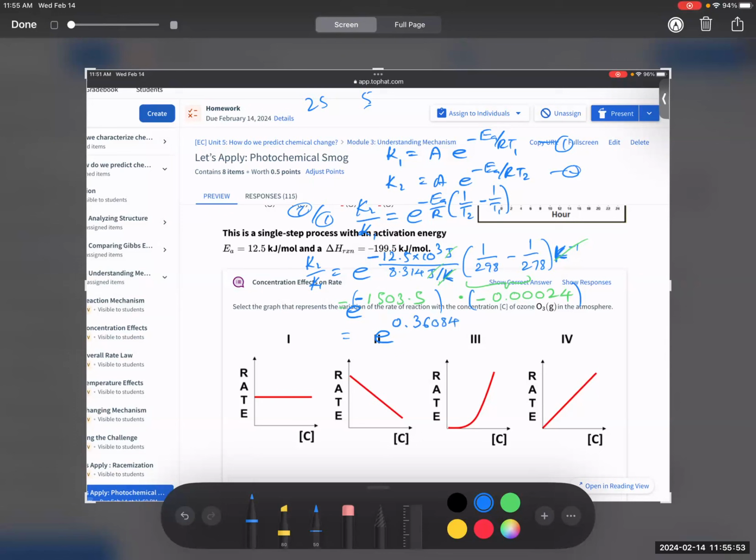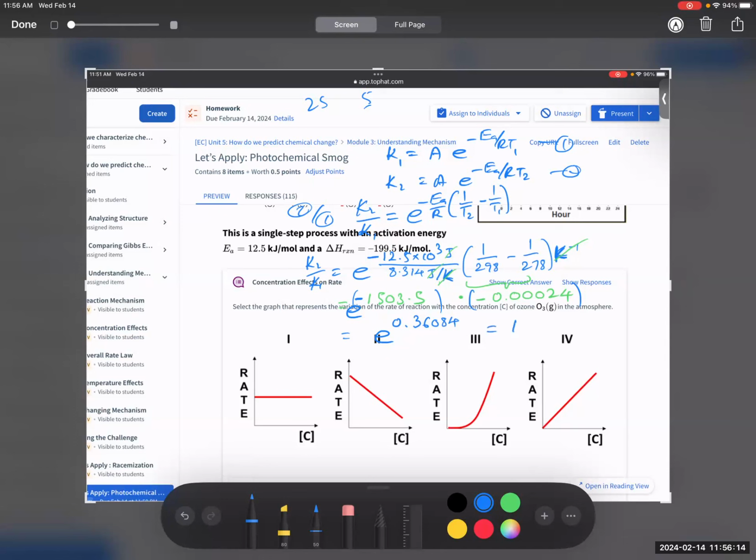Let's write that. And then e to the power of the number 0.36084 is 1.4345.